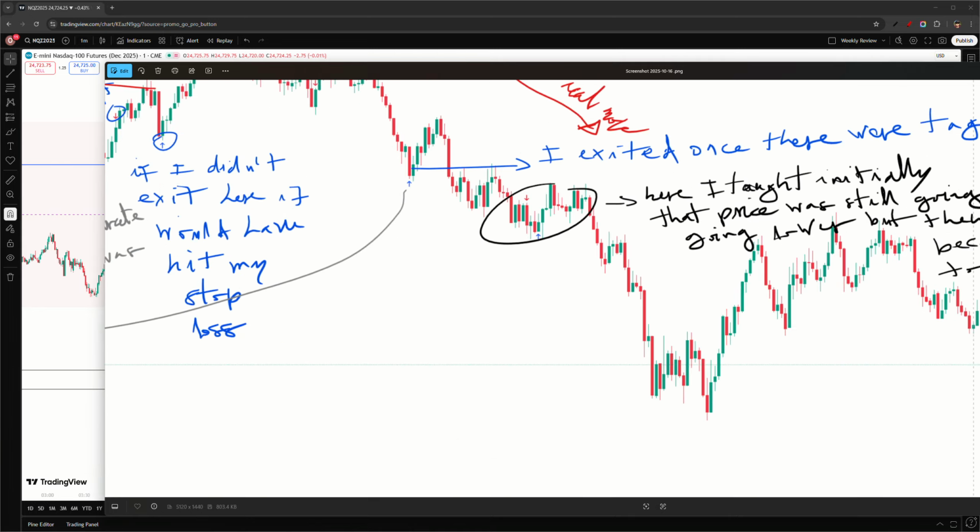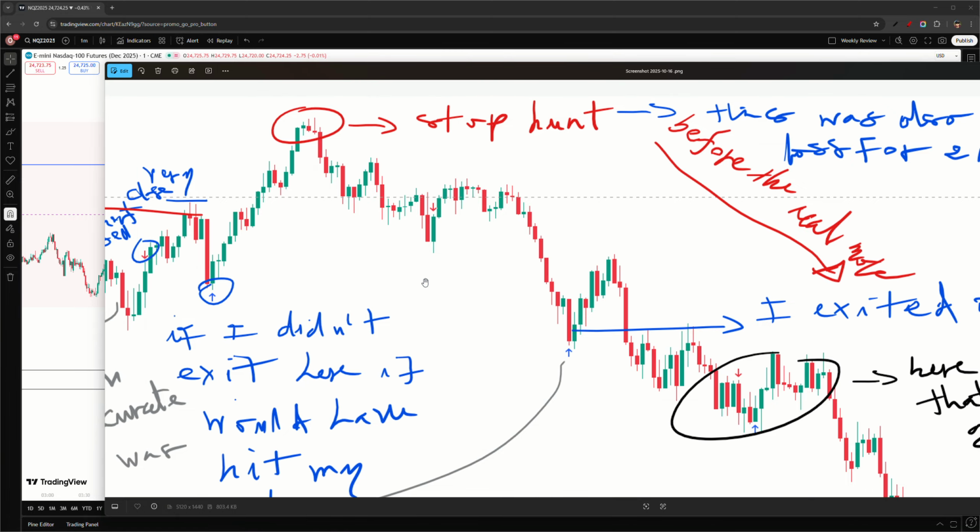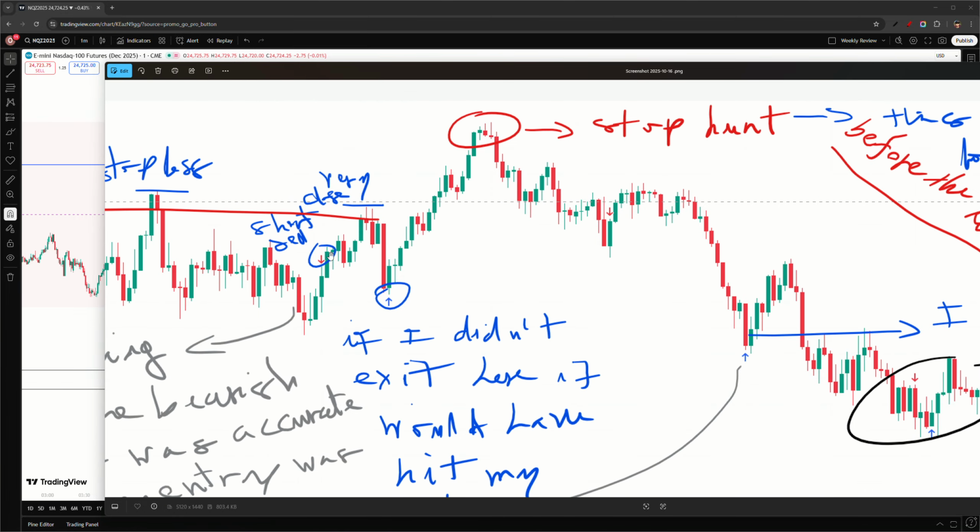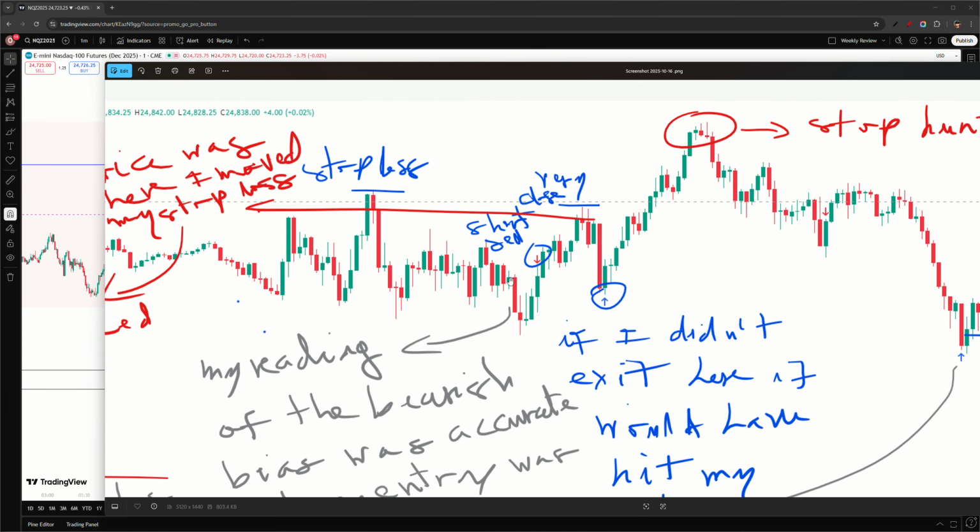So I want to zoom in to here. I knew that we were going to be bearish for the day, for many reasons, but I ended up entering prematurely. I entered here, and then I put my stop loss here.